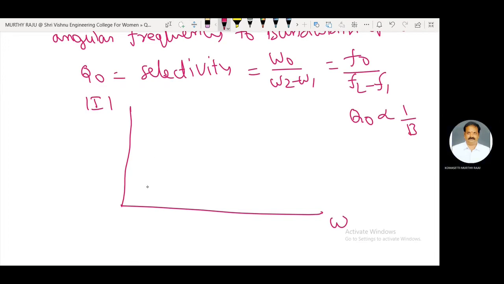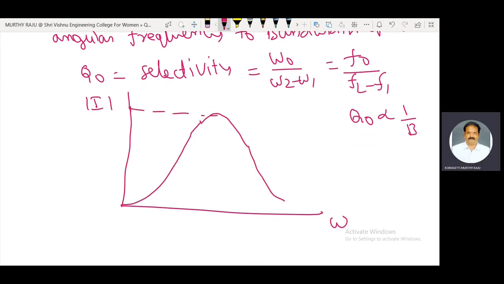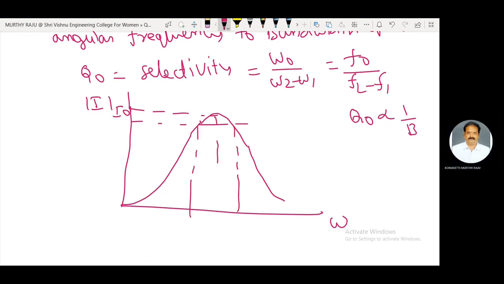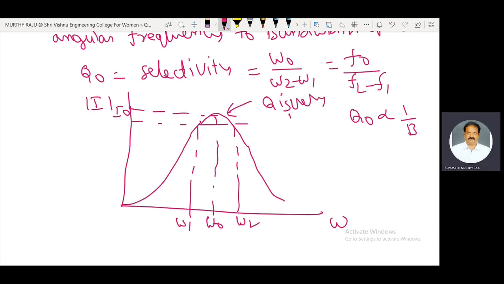Suppose this is mod I, with peak I naught, and the half power points are omega 1 and omega 2 on either side of omega naught. In this case, Q is very high.